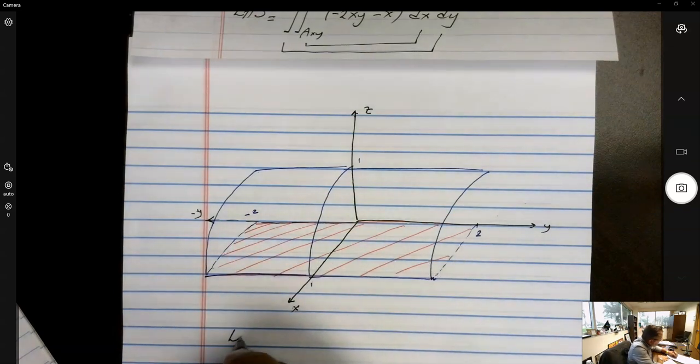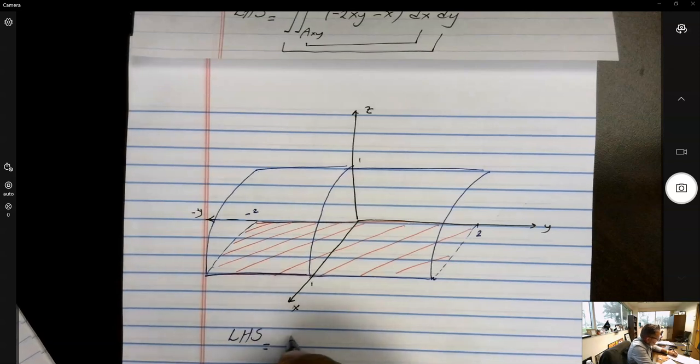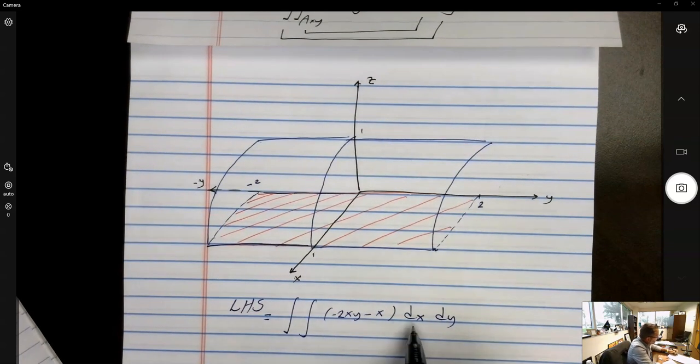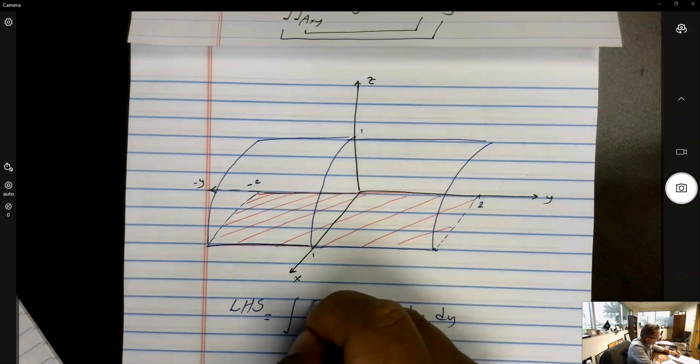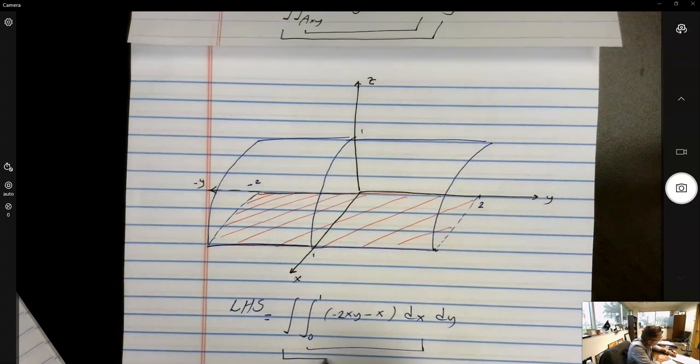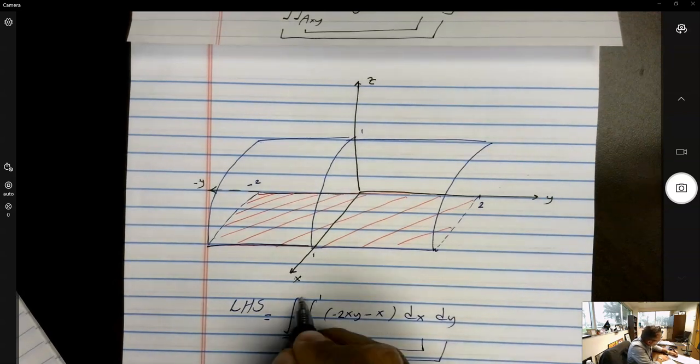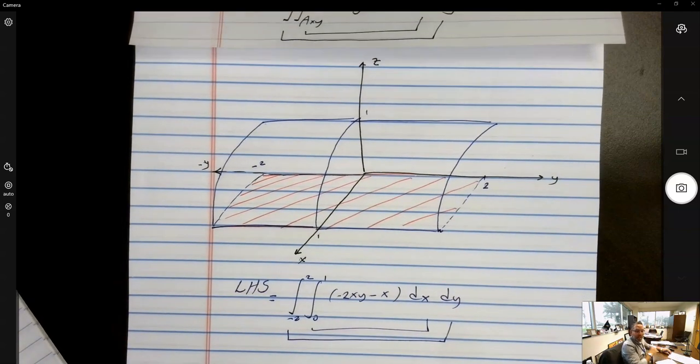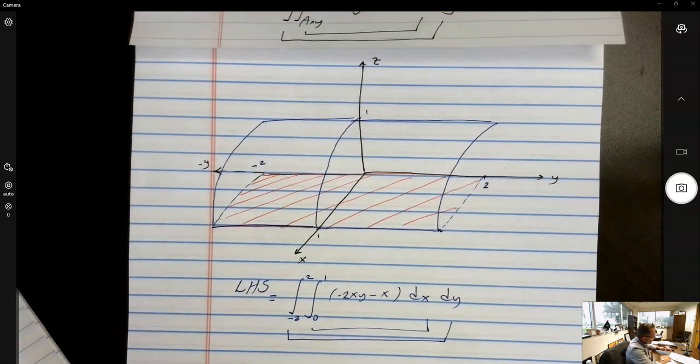So the left hand side would be the integral of minus 2xy minus x dx dy. We can also do dy dx, it makes no difference because the limits of integration in the x direction are from 0 to 1, while the limits of integration in the y direction are from minus 2 to 2, because we're integrating over a rectangle.